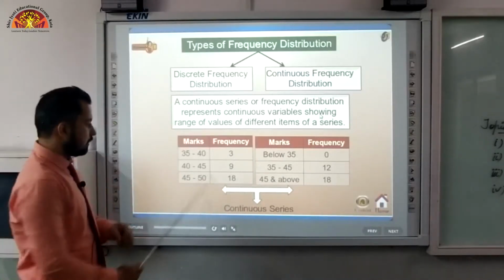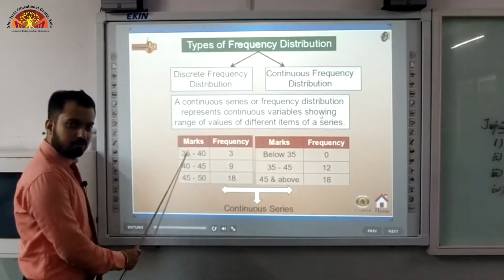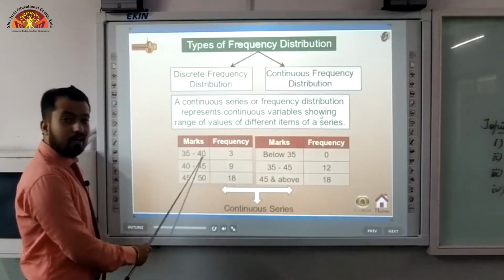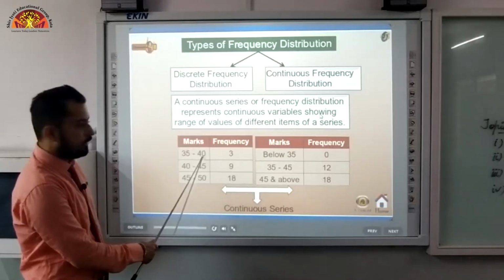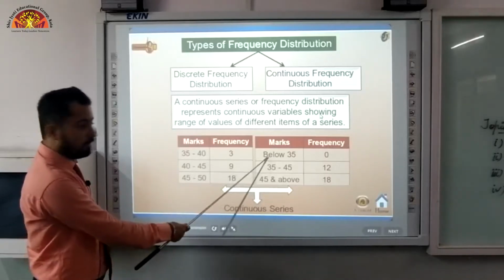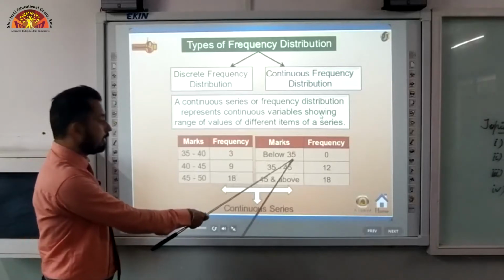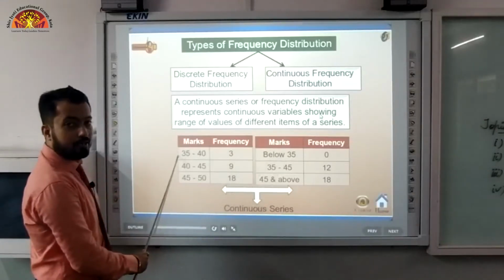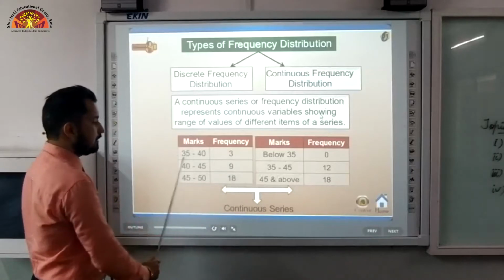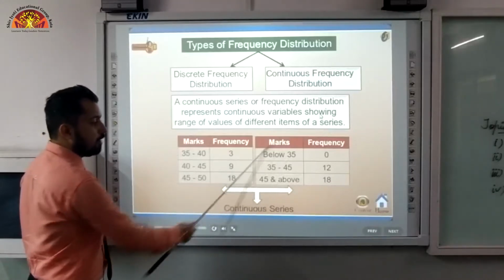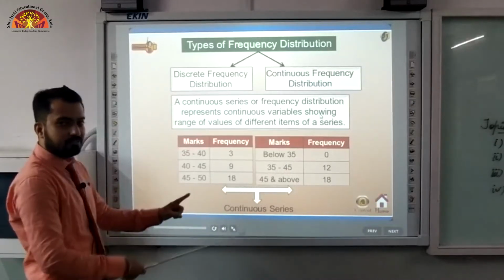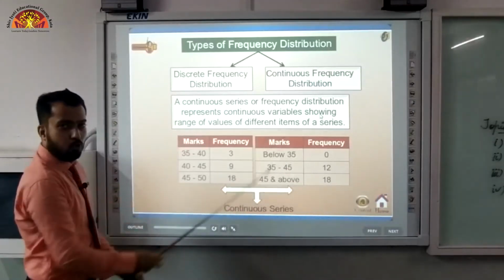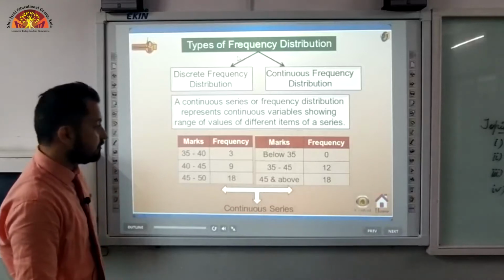This is the lower limit of the class, termed as L1, and this is the upper limit of the class, which is indicated by L2. Correct? Here you can see we have only one thing, which is 35, that is the open-ended series. Right? There is a difference. In this type of class, you are not getting L1 and L2 both. One thing is missing. That is why these are known as open-ended classes or open-ended series.